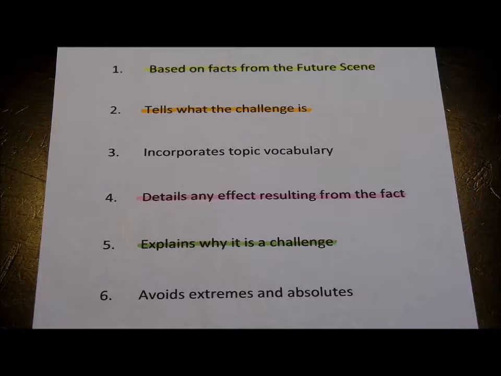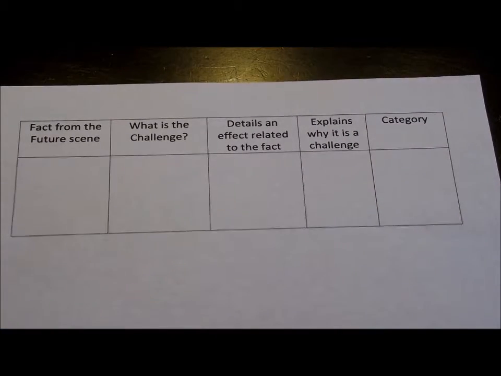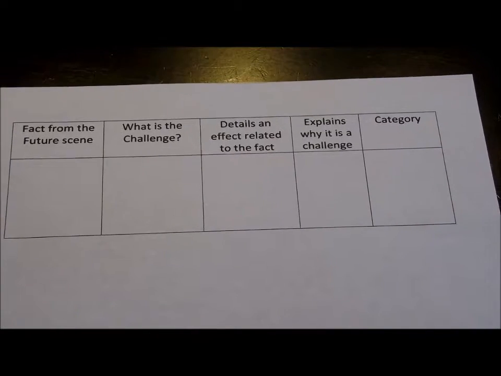What I like to have the students do is start with a piece of paper that looks like this, that's broken up into the same 5 sections that we just saw on the Challenge Writing Essentials page. Here it's just a nice way to outline the fact from the future scene, and then they can talk about cause and effect. How does that lead to the challenge?